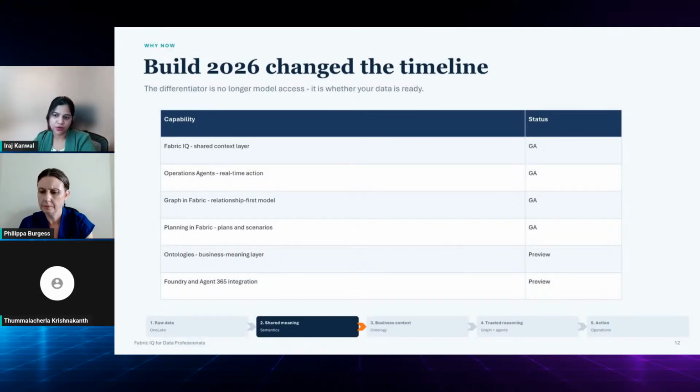Ontology and deeper Foundry or Agent 365 integration are still in preview, so we should be precise about what is production ready and what is emerging. But the direction is clear. The hard part is no longer simply getting access to an AI model. The hard part is preparing your data estate so the model has trusted context. And this is the shift I want you to take away from today's session. The differentiator becomes data readiness, not model access.